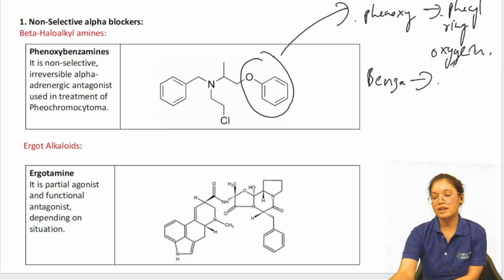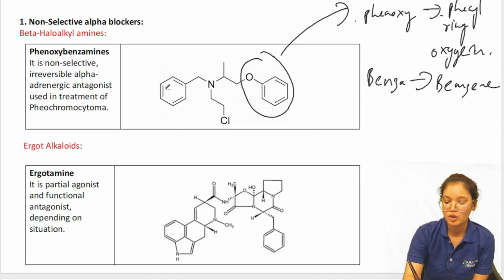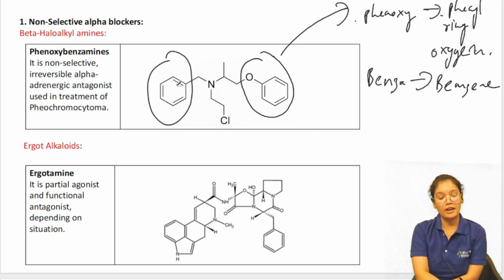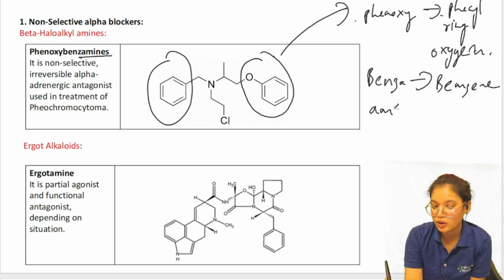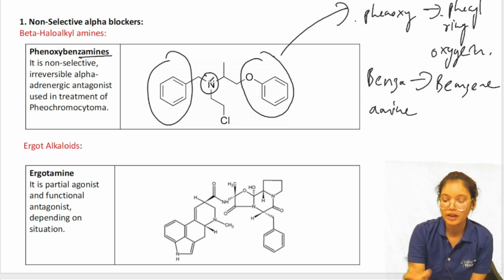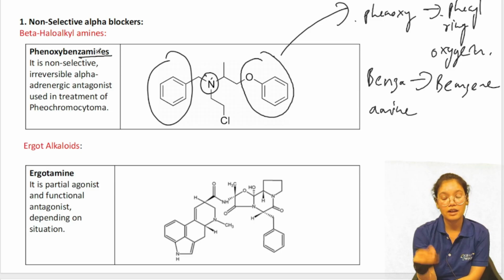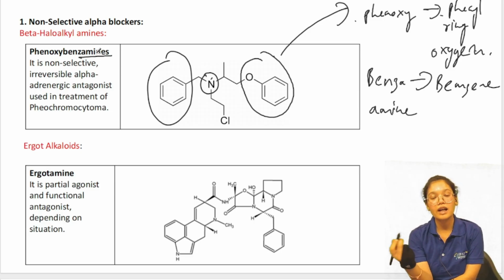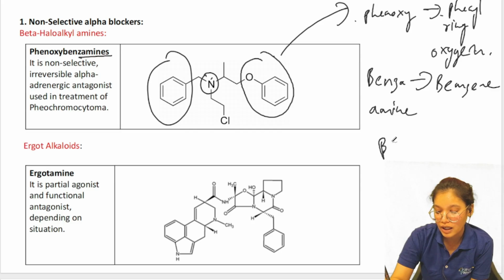From benza we can say it has a benzene ring, so here we have a benzene ring. Then amine, so we have an amine group here. Now as it is a phenoxy, as it comes under haloalkylamine, it will have a halogen group at the beta position.